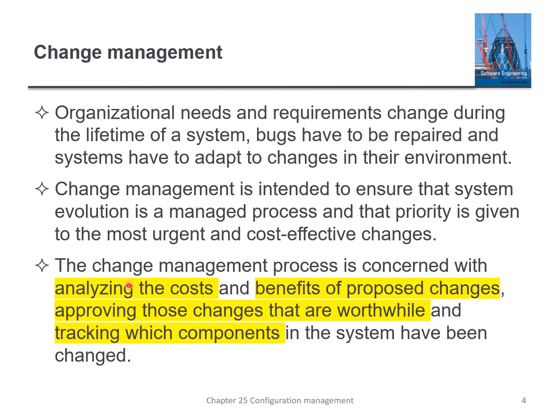So in here, it mentions that a change management process is concerned with analyzing the cost and benefit of proceeding with any changes to the software. There is a team that approves whether the changes should be made or not. At the same time, there should be a mechanism for tracking the components so that we know at which component the changes are made, and we have to ensure whether the changes have been done or not.